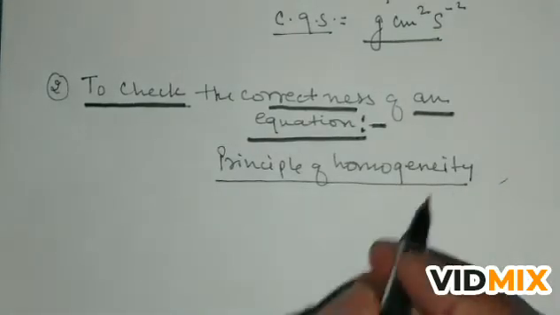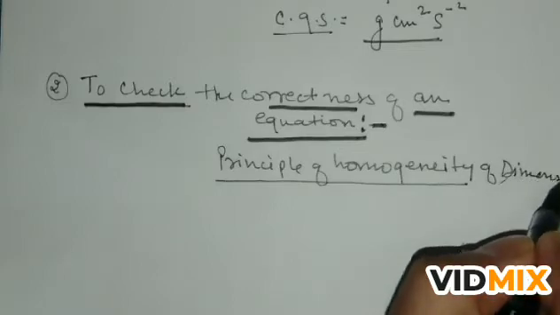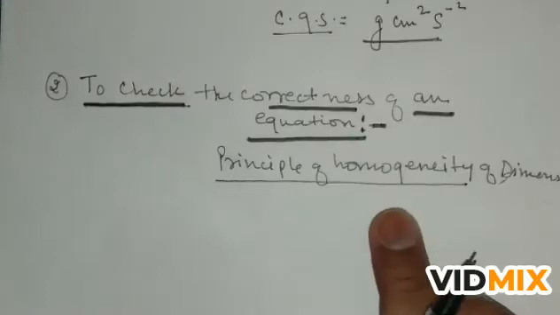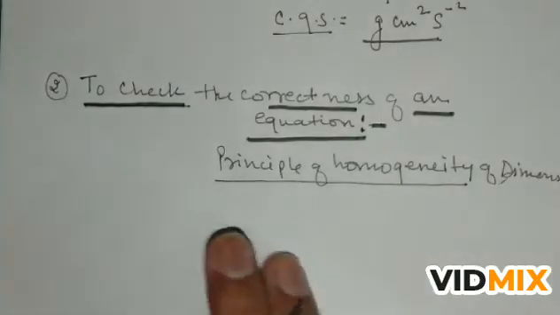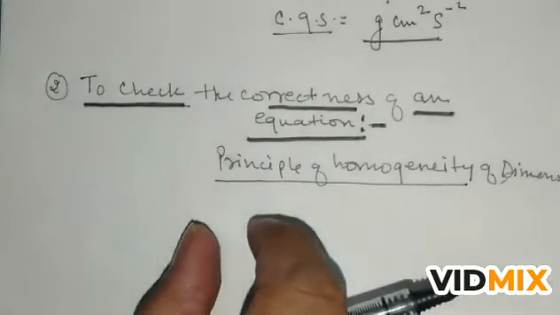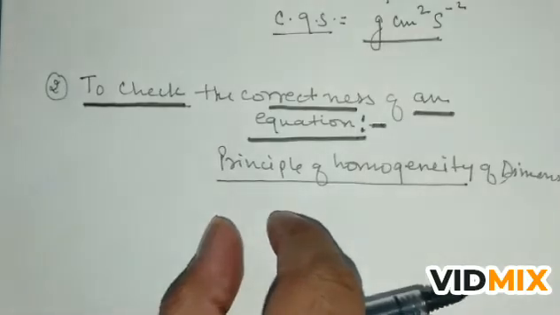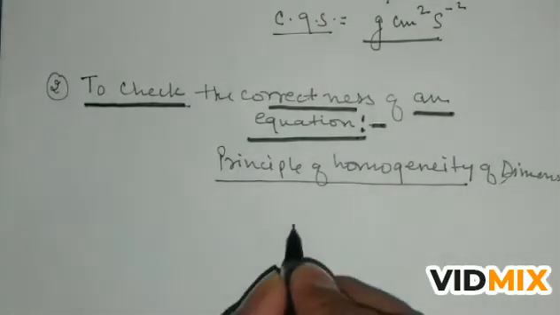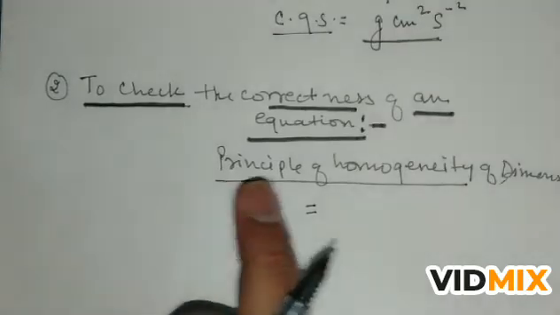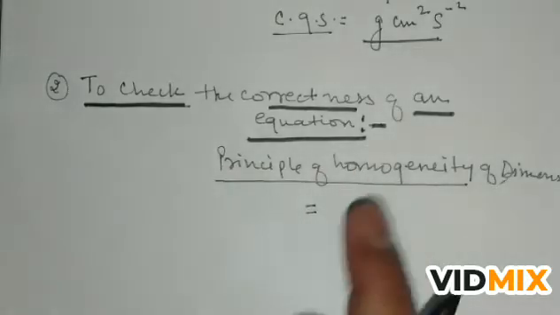Principle of homogeneity of dimension means the dimension of all the terms on both sides of a physical equation must be the same. Means if I am writing the dimension of any physical equation, and I put an equal sign here, then on both sides the dimension must be equal. This is called the principle of homogeneity.